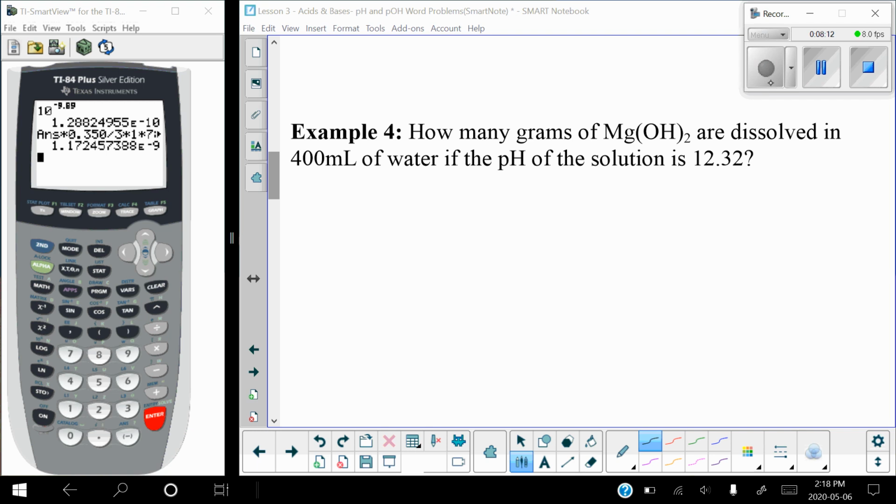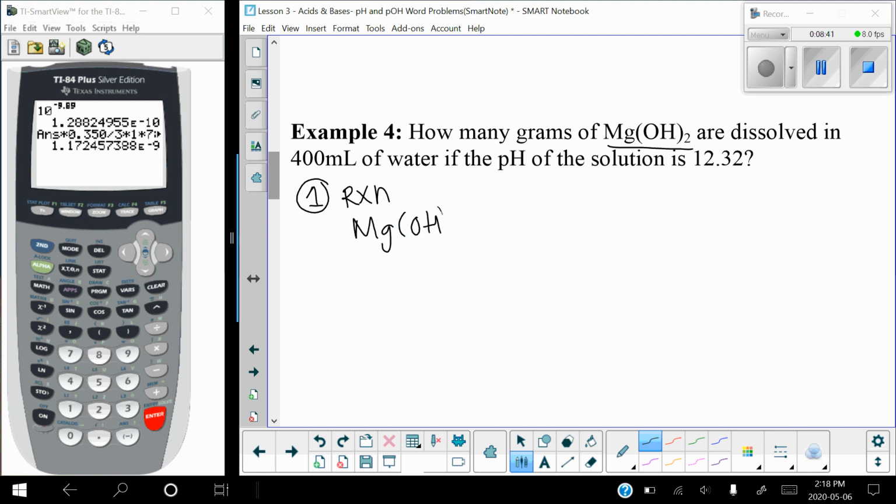All right, next example. How many grams of magnesium hydroxide are dissolved in 400 milliliters of water if the pH of the solution is 12.32? So first step, you're going to get real sick of me saying this, is you're going to write a balanced reaction. Magnesium hydroxide, that's a base, it's going to dissociate.